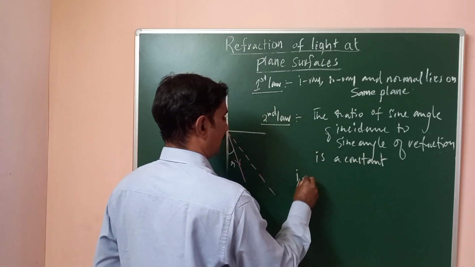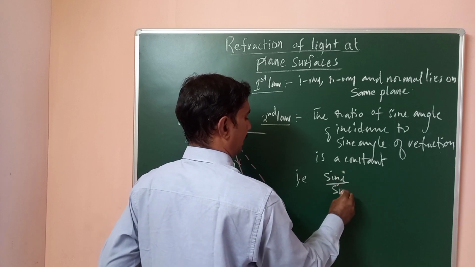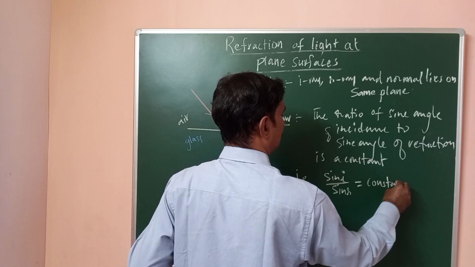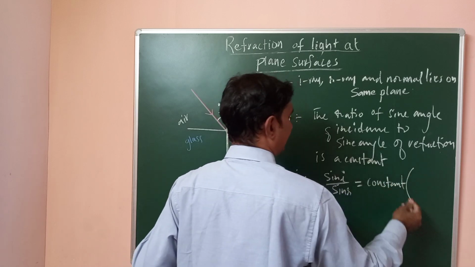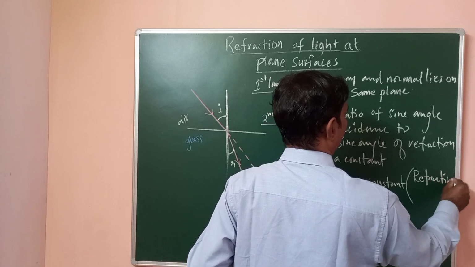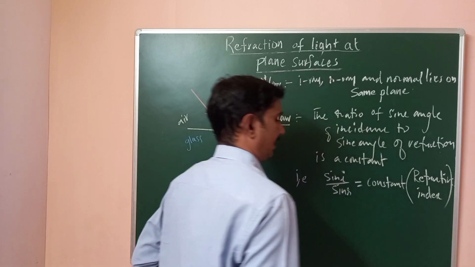That is, sin i by sin r is equal to a constant. This constant is called the refractive index of the medium.